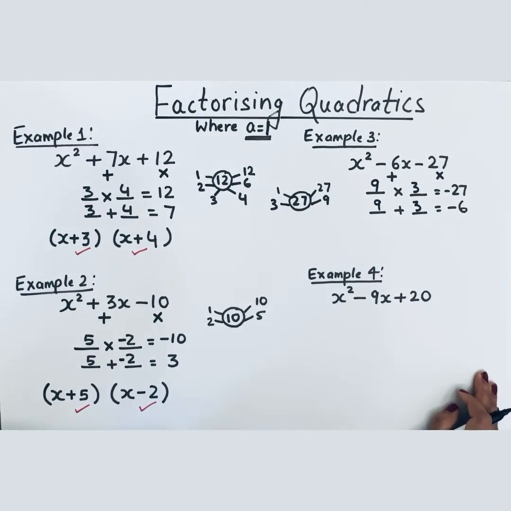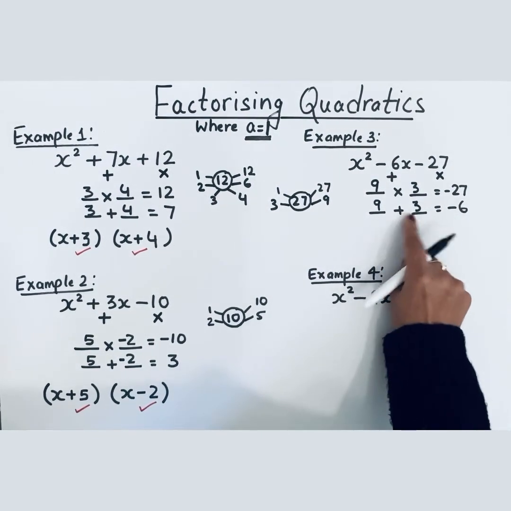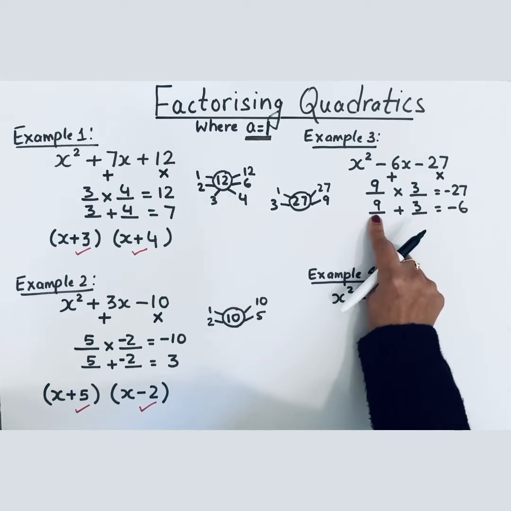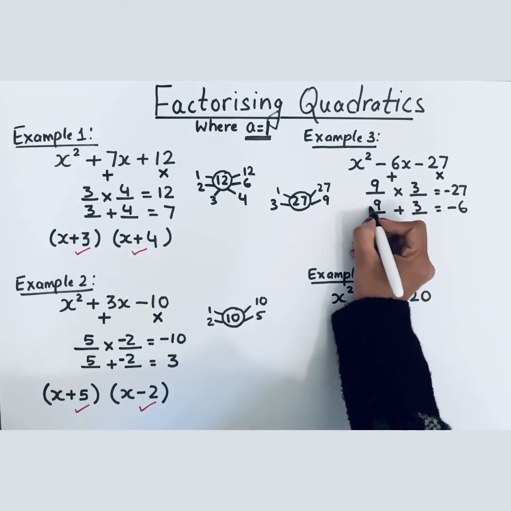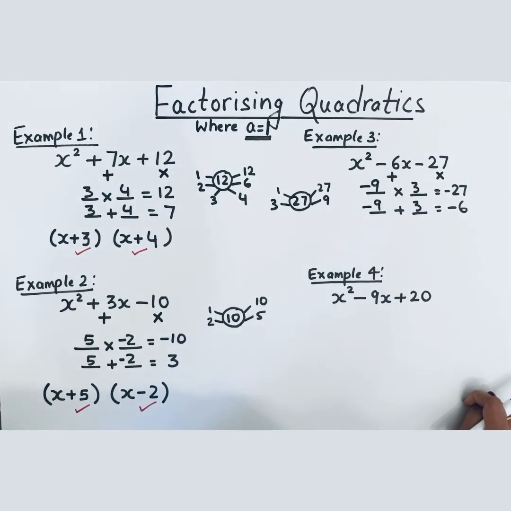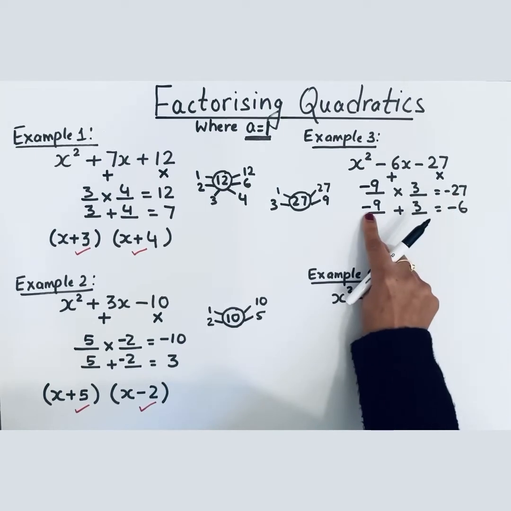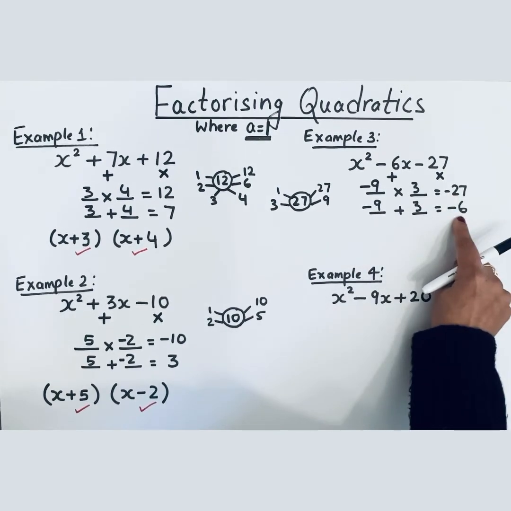Now let's check which number is going to be negative. We need a negative answer when we add them. That means the bigger number has to be negative. So 9 is negative and 3 has to be positive. Negative 9 times 3 is negative 27. Negative 9 add 3 is negative 6.